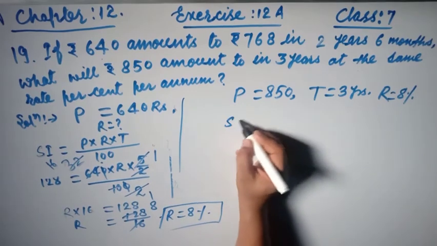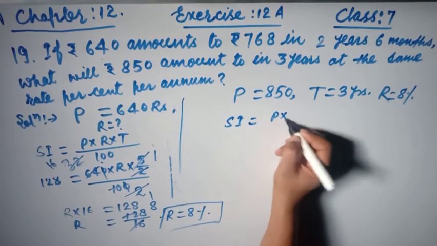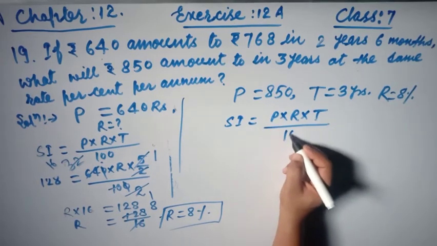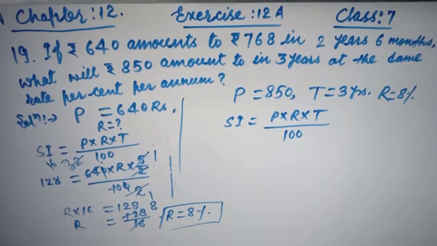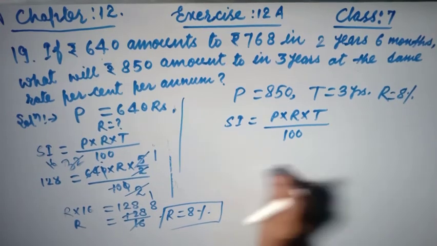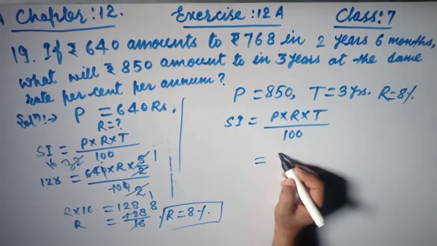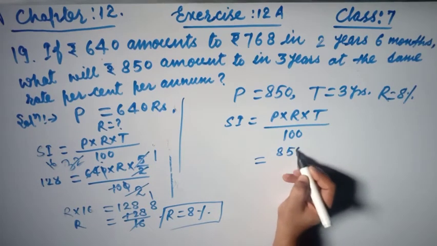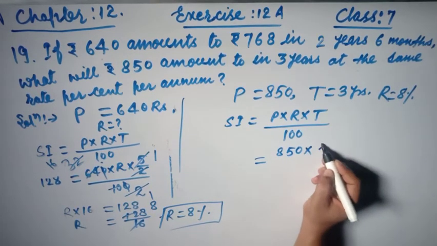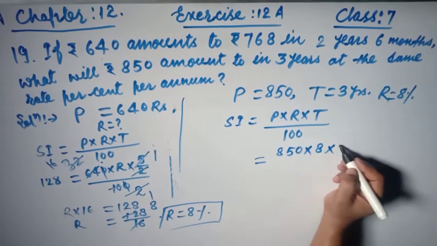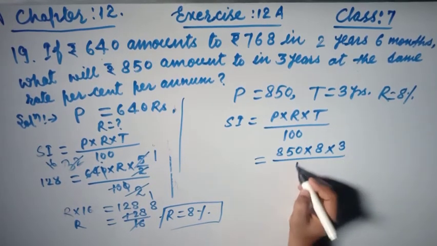Same formula friends, SI is equal to P into R into T divided by 100. This is equal to P, 850, multiplied by R, 8, and T, 3, divided by 100.